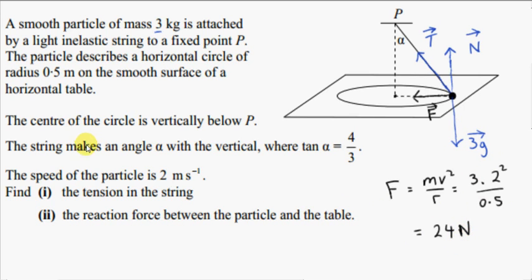Now notice that it didn't specifically state in this question that we are dealing with uniform circular motion. It just says the speed of the particle is 2 meters per second. So it could be just 2 meters per second at this instant. The particle could actually be speeding up. So is our approach going to apply in that case?